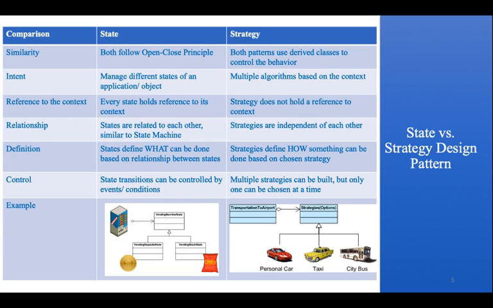States define what can be done based on the context, whereas strategies define how something can be done based on the context. The state transitions can be conditioned and controlled using events. In case of strategies, a user needs to select one option from the multiple. Finally, the slide shows examples of both the patterns.